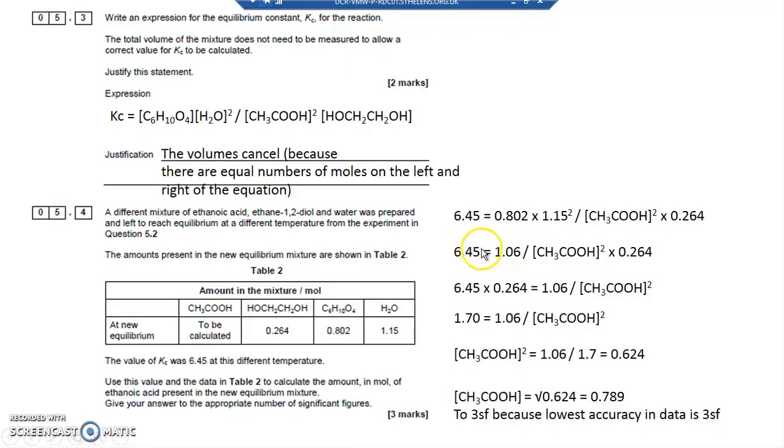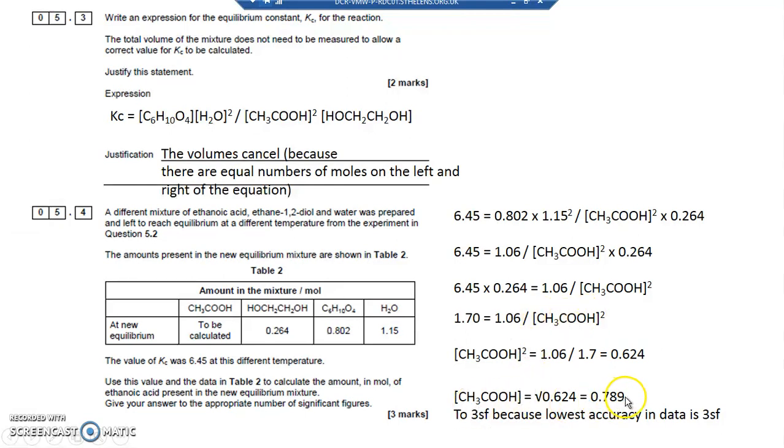rearrange the equation, so 6.45, I've multiplied this out, 0.802 multiplied by 1.5 squared is 1.06, and then I have multiplied, so taken this from the bottom on the right hand side and moved it to the top on the left hand side, and then I've multiplied that out, 1.7, and divided them, swap them over, so 1.06 divided by 1.7, which equals 0.624, equals the concentration of ethanoic acid squared.